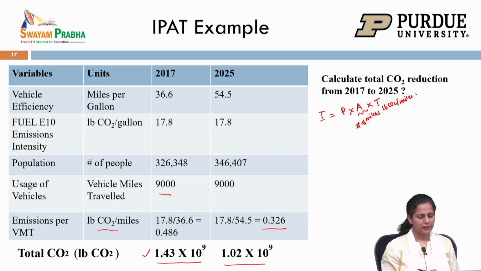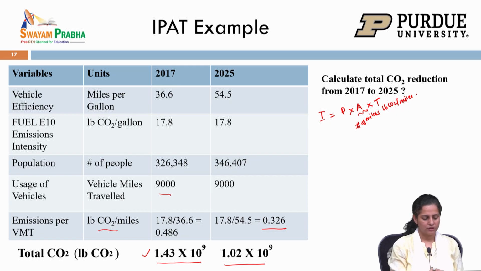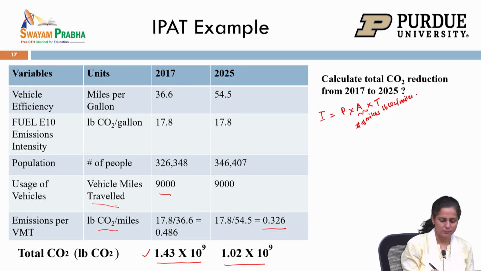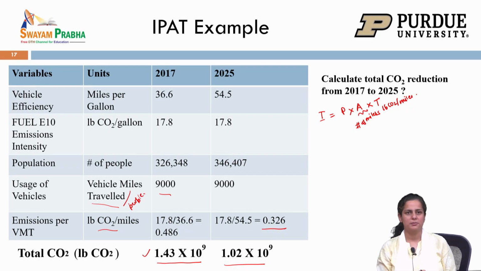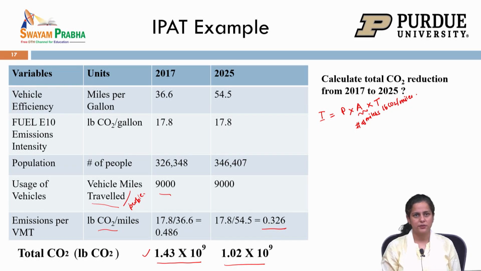We multiply by the population so that this vehicle miles travelled, oh sorry, this is vehicle miles travelled per person. So this is how much the vehicle miles travelled per person in that year is. So to get the total number of miles travelled, that's why we multiply by the number of people.